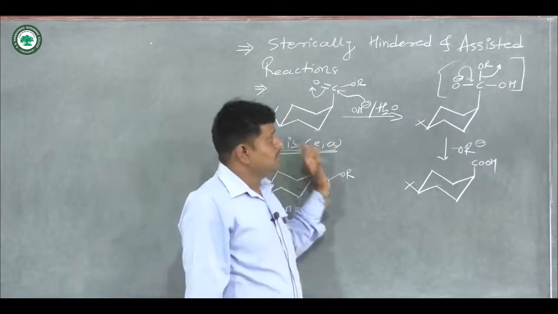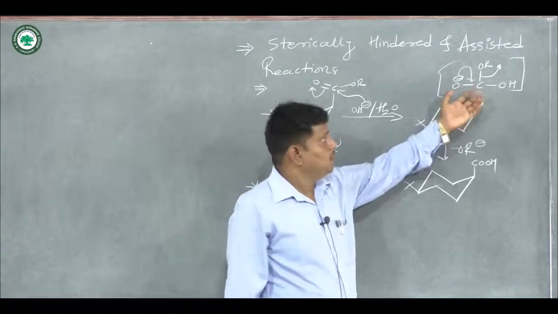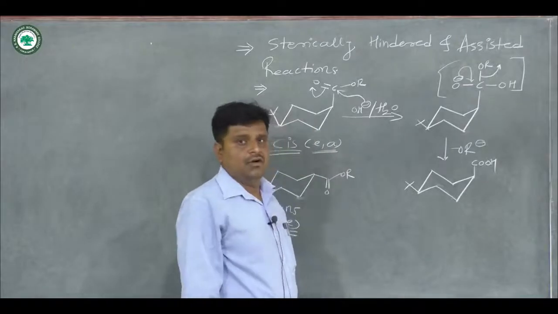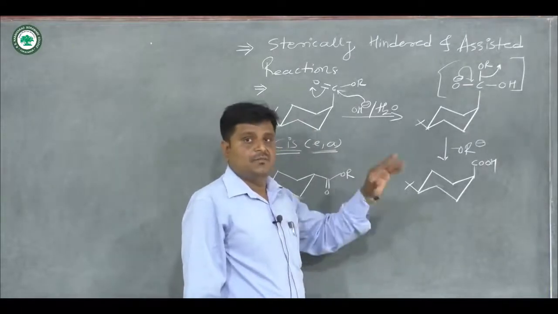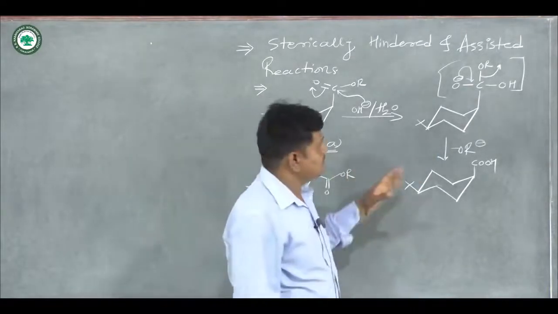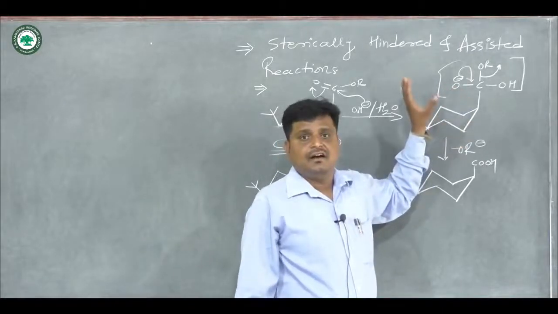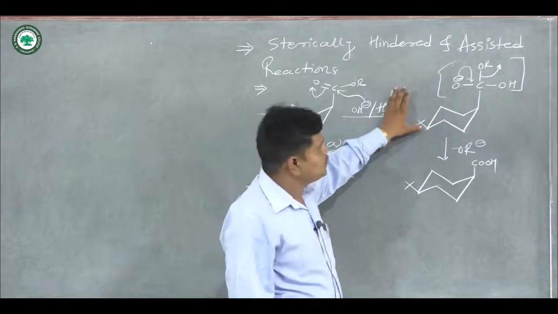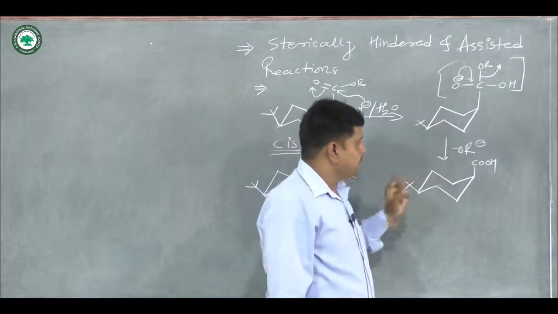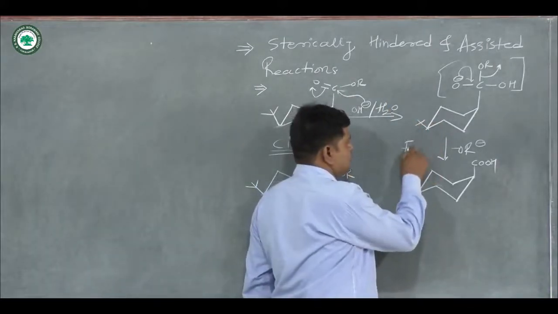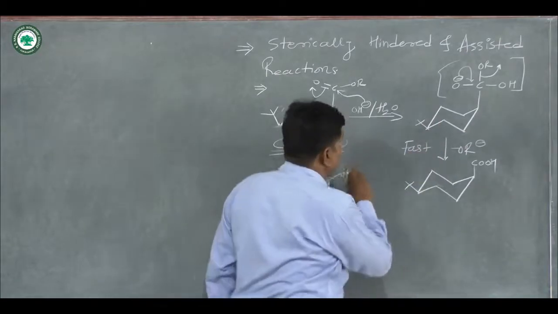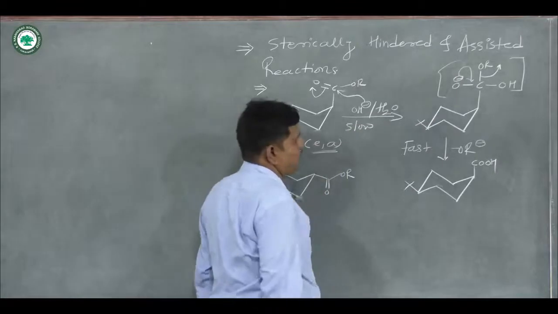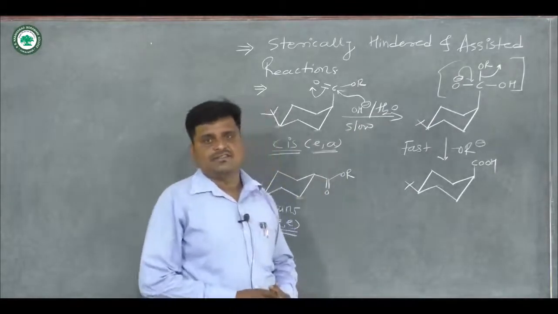So when we go for this type of reaction, the first step is somewhat slower, but the second step is faster. Why? Because the intermediate is highly unstable, so the reaction is fast, but the first step is the slower step.